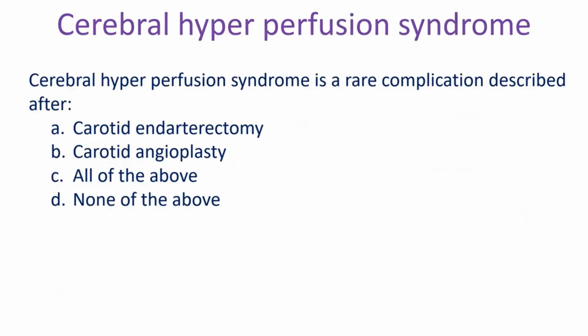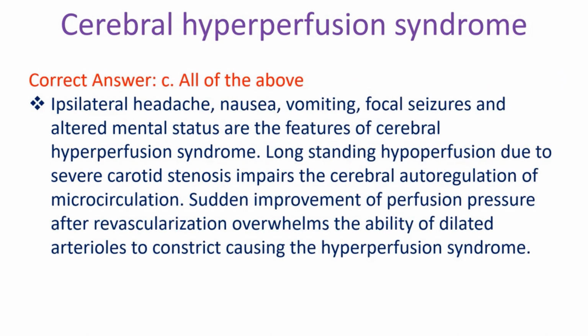Cerebral hyperperfusion syndrome is a rare complication described after A. Carotid endarterectomy, B. Carotid angioplasty, C. All of the above, D. None of the above. Correct answer C. All of the above. Ipsilateral headache, nausea, vomiting, focal seizures, and altered mental status are the features of cerebral hyperperfusion syndrome.